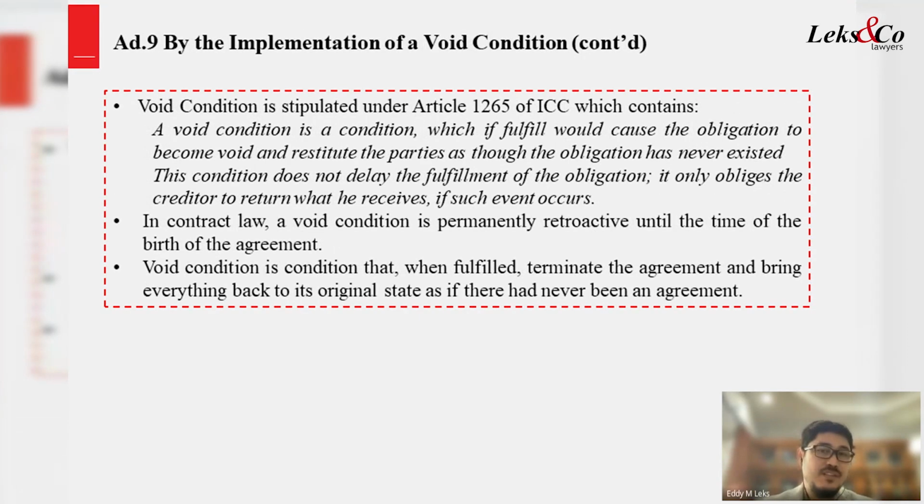Now the cancellation is going backwards. It's like a null and void principle. A void condition is a condition which, if fulfilled, will cause the obligation to become void and restitute the parties as though the obligation has never existed. So this is the null and void concept. That is the void condition, syarat batal. When it occurs, everything goes back to square one.